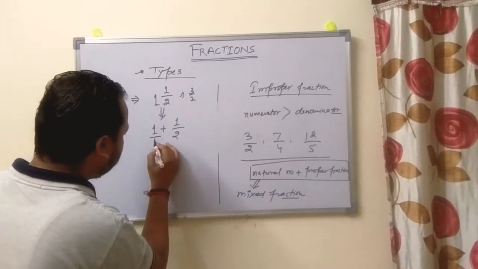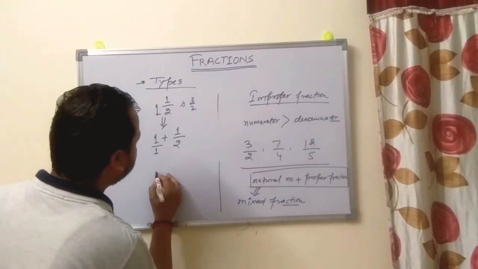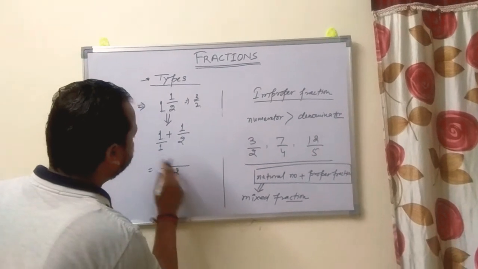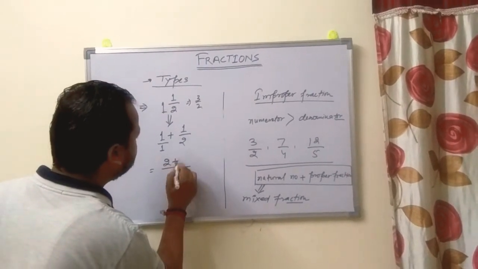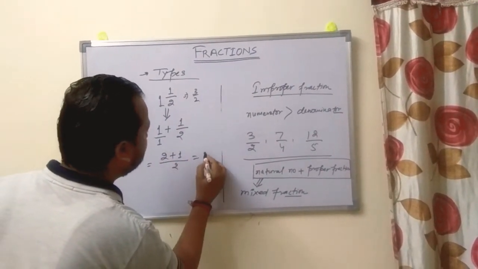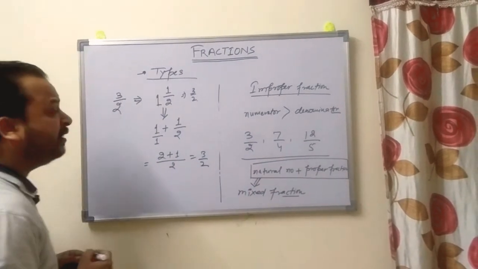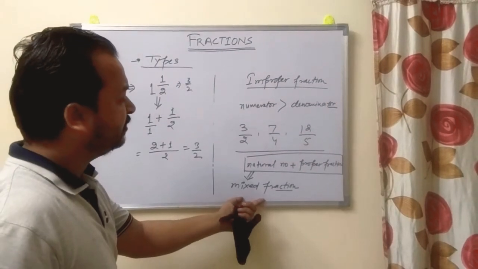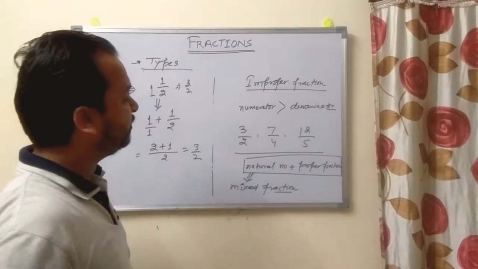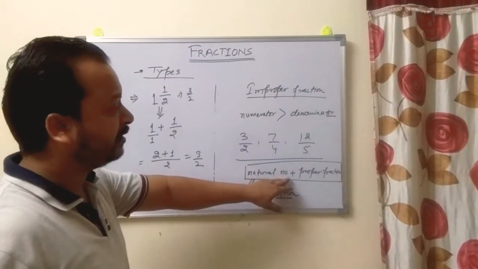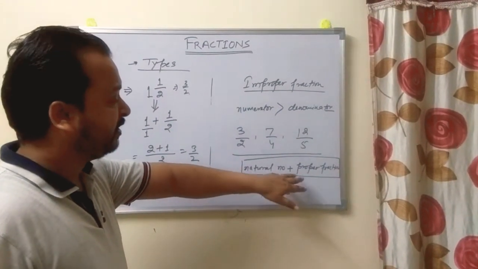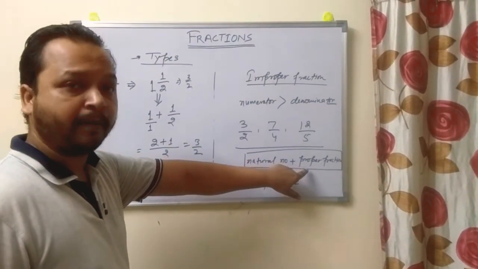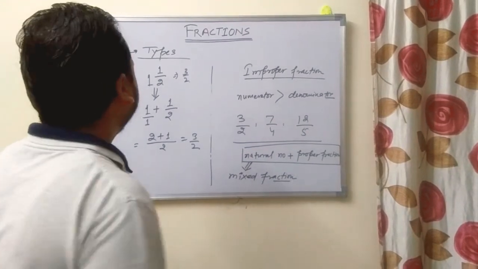Here the denominator is 1. Take the LCM of 1 and 2, that is 2. 1 2s are 2 and 2 1s are 2, plus 1, that is also 3 by 2. So a mixed fraction is that fraction which can be represented in the combination of natural number plus proper fraction.